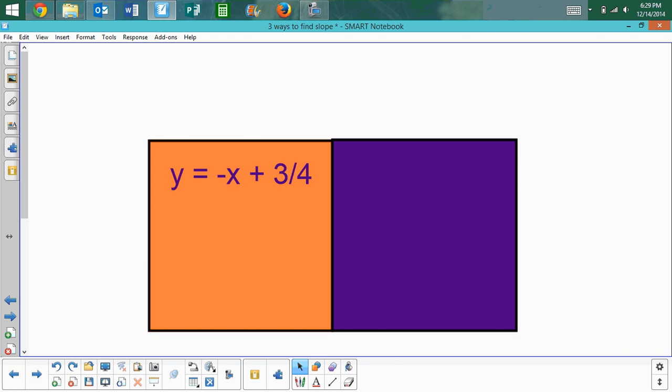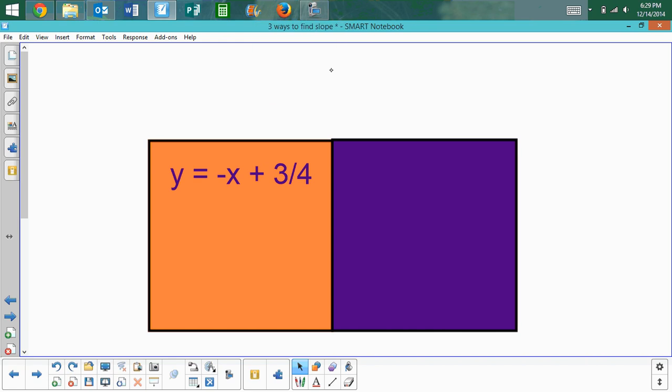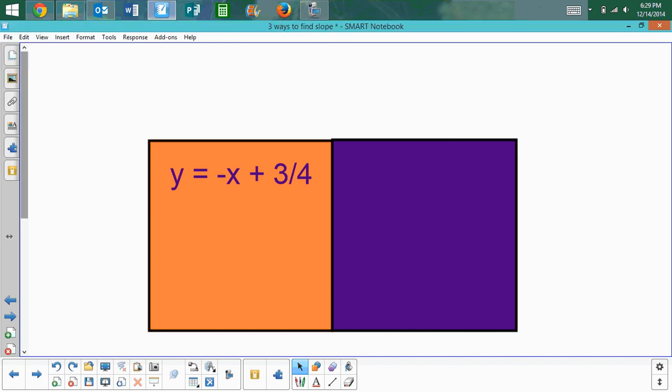For this one, I don't see a coefficient next to x, it just says negative x. What happens if I have a negative x? If I have a negative x, then that means my coefficient is not seen.